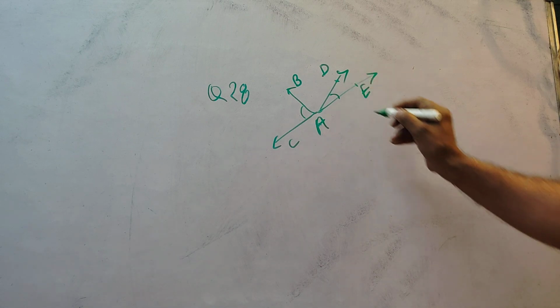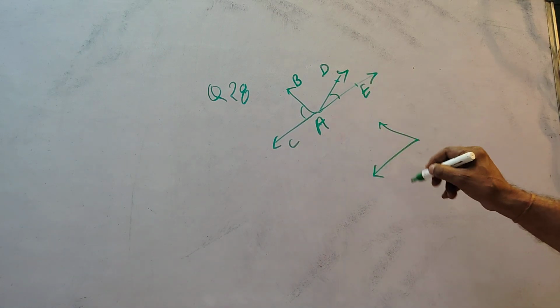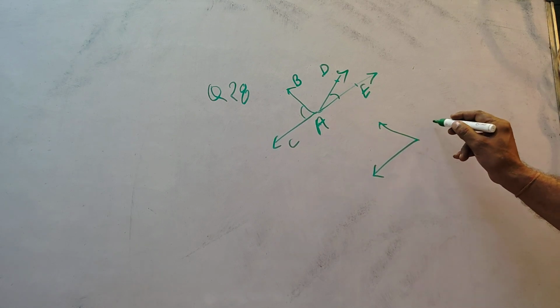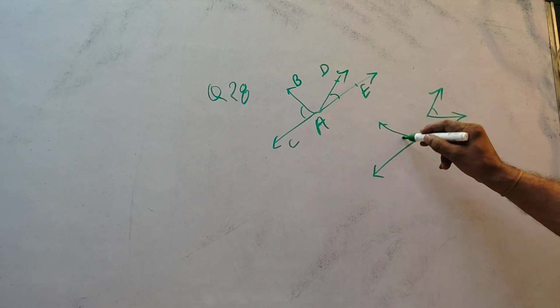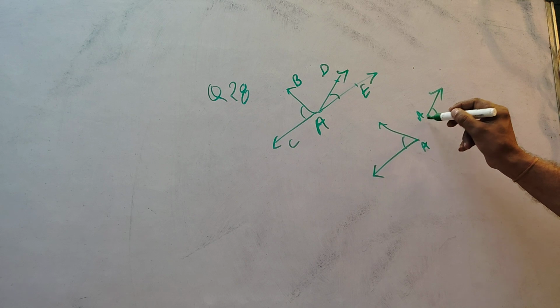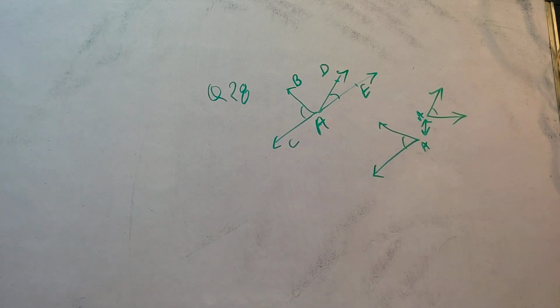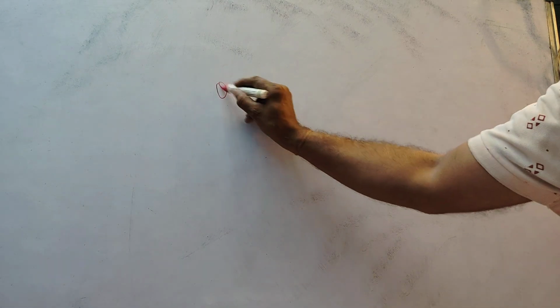They have no other way they are cutting, like in the 29th question. They are meeting at only one point, A, so they have one point common. The 29th and 28th are similar. The 30th question is also similar.